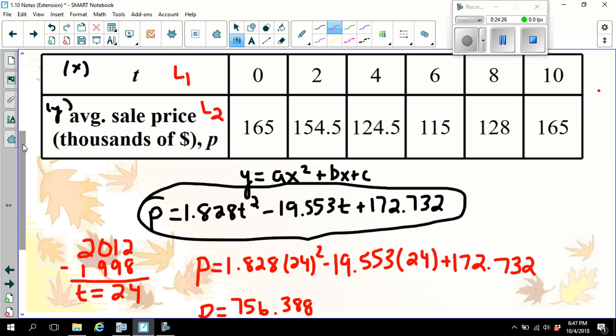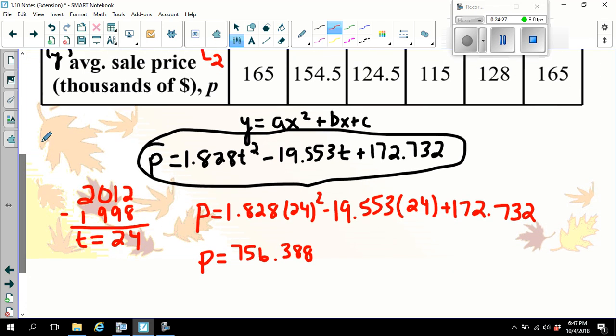So really our final answer, because we have to write this price in thousands of dollars, if we move our decimal over 3 places, we're going to get our final answer. So really, the average sale price of a house in 2012 was $756,388.